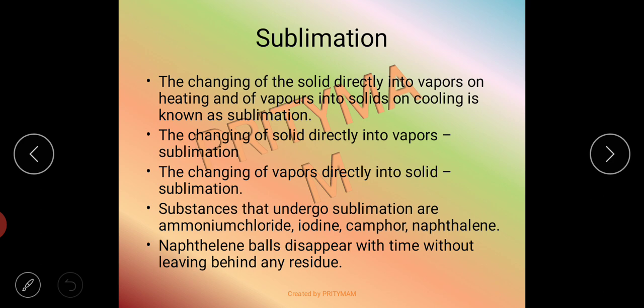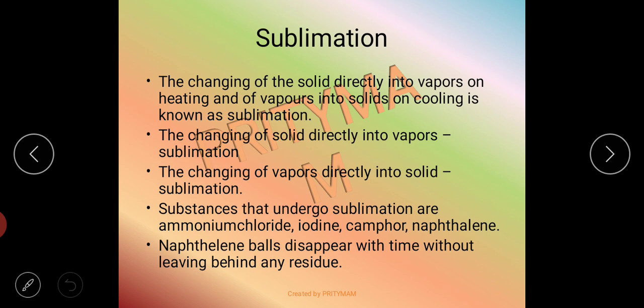Sublimation. We have discussed now that solid changes on heating to liquid, and liquid changes on heating to gas. Most substances when heated first change into liquid and then into vapors or gas. This vapor on cooling forms liquid and then solid.